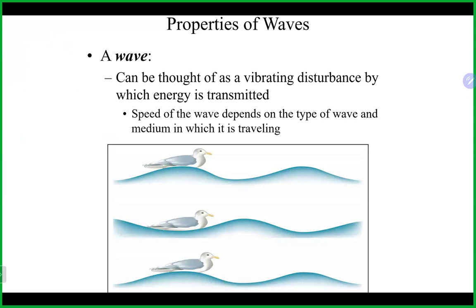If you've ever been in the ocean, you've been through a wave, and you can see it coming, and sometimes it crashes on you with a lot of energy. But if you're there, you could actually sit in one place like the bird there, and the wave will pass you. You see the big wave coming, you just go up with it and let it go past you as you're in the water.